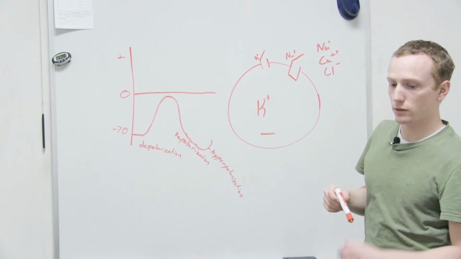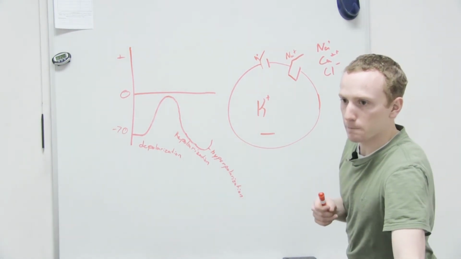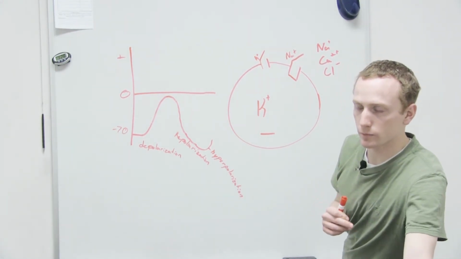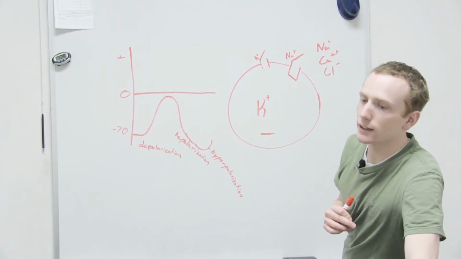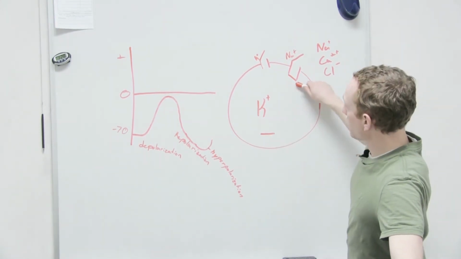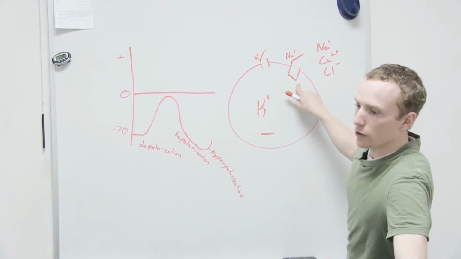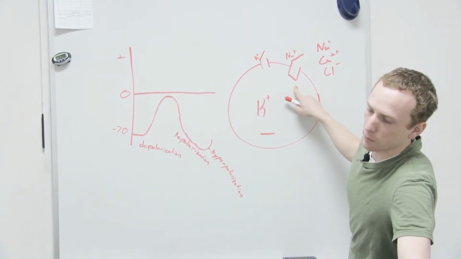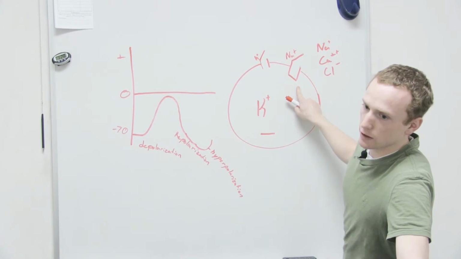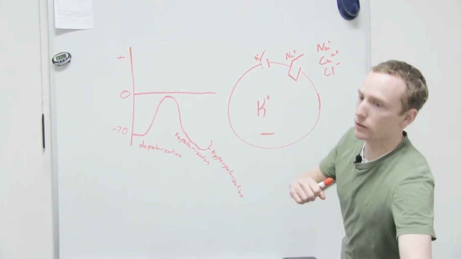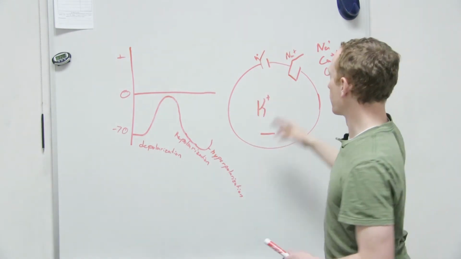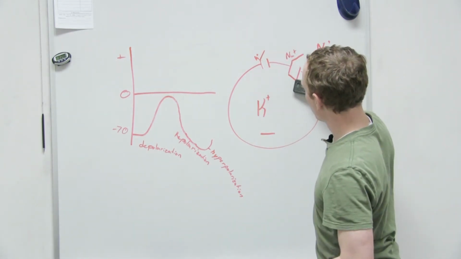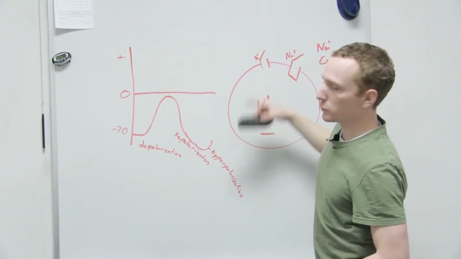Do some protein channels have 2 gates and some have 1 gate? Yes. Sodium's going to be the really important one that you talk about that has 2 gates. So sodium has an activation and an inactivation gate. And potassium just has 1.